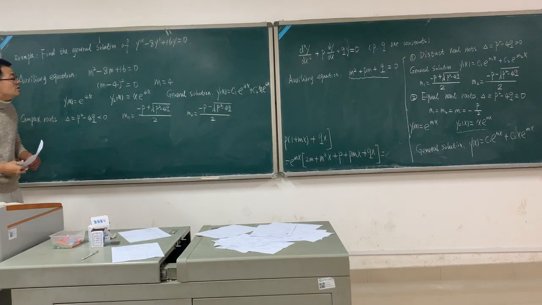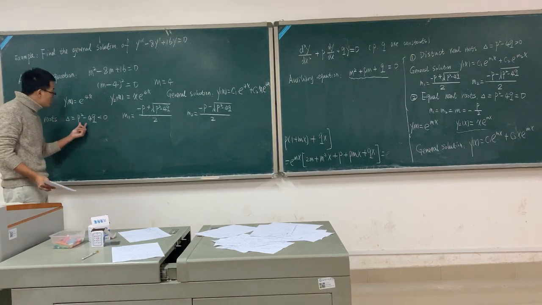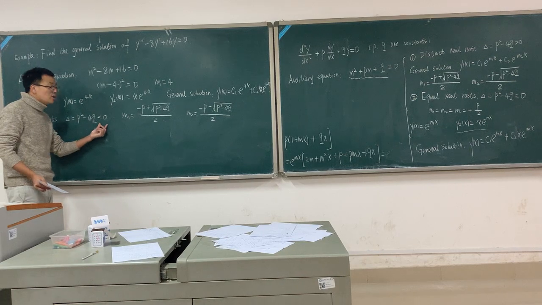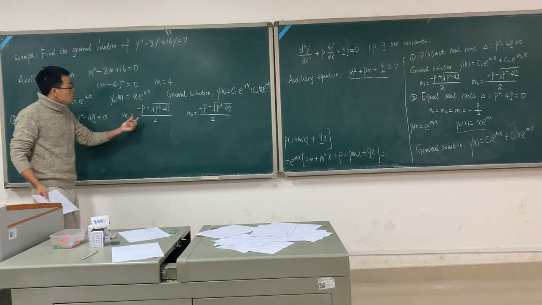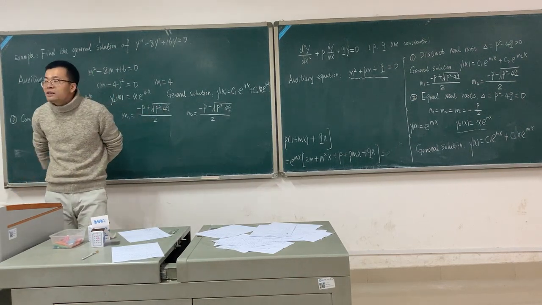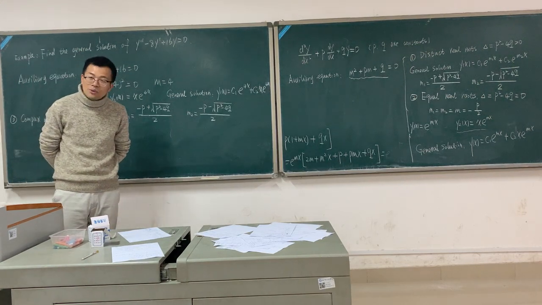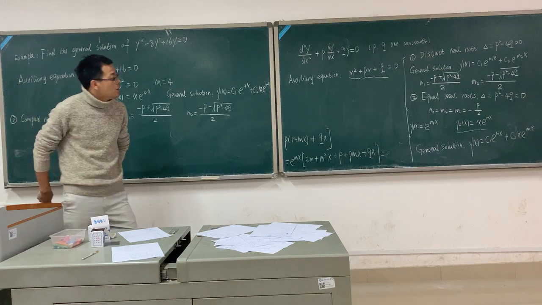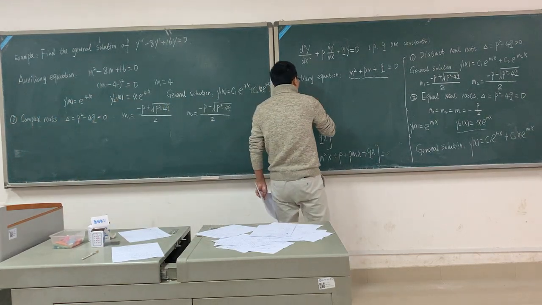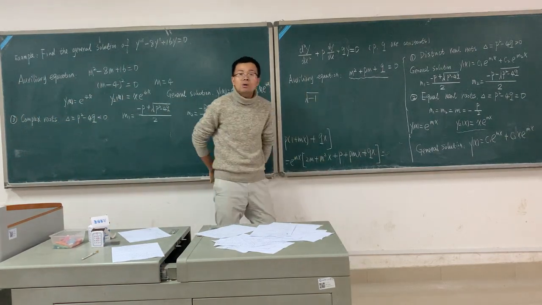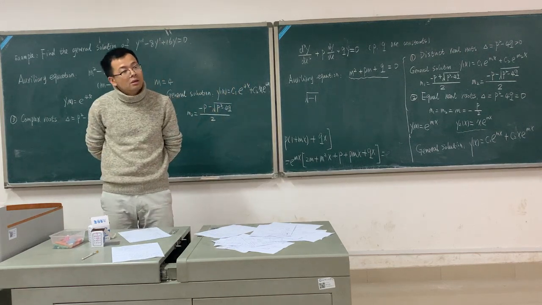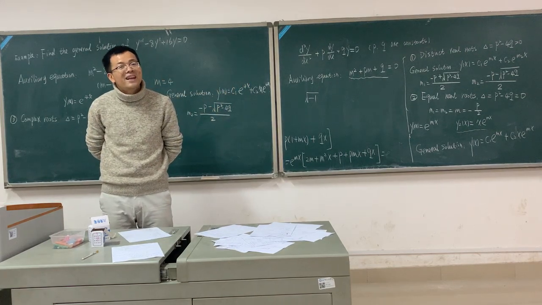Now we can see here, because p square minus 4q is negative, the square root of negative is what? For example, the square root of minus 1 equal to what?